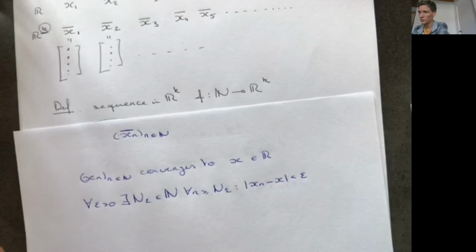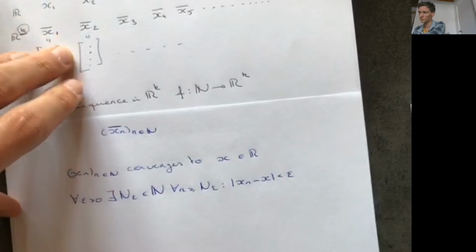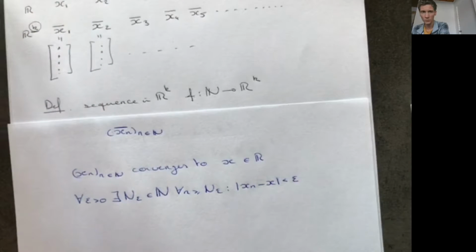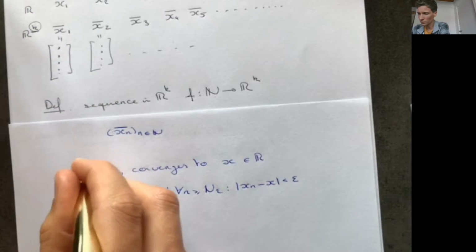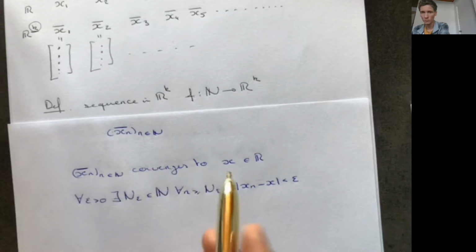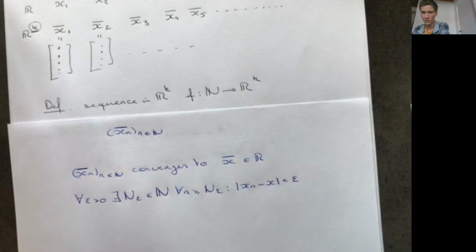Now the convergence of a sequence of vectors is very similar, so we have to make a few changes, of course. We're not talking about a sequence of numbers, but a sequence of vectors. And the sequence of vectors doesn't converge to a number, but it converges to a vector, which is now, let's say, in R^k. Okay, now this can all stay, but here we have to make some changes, right?